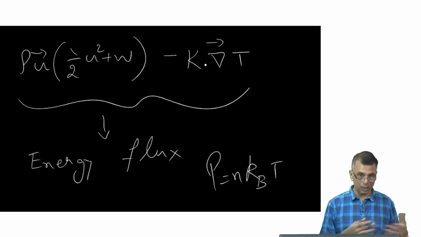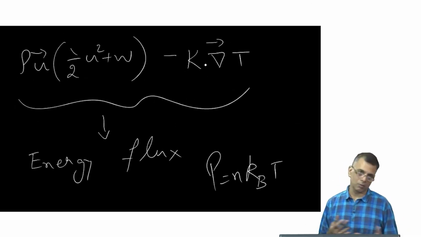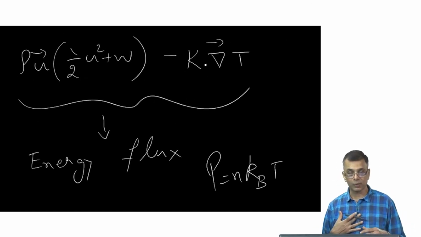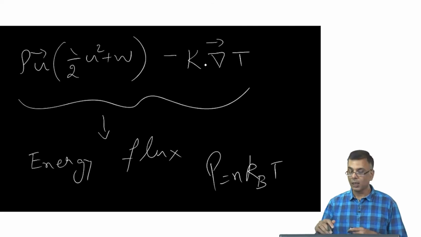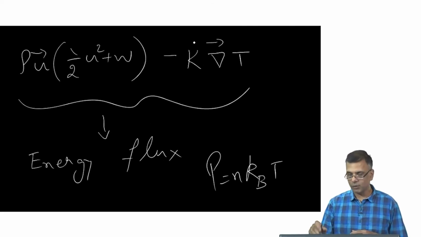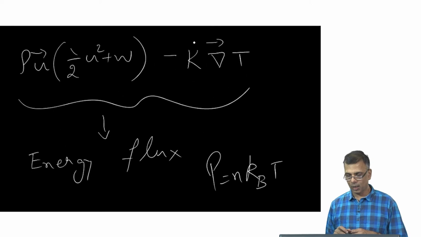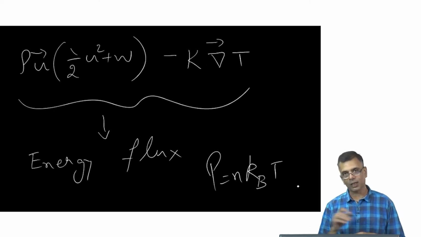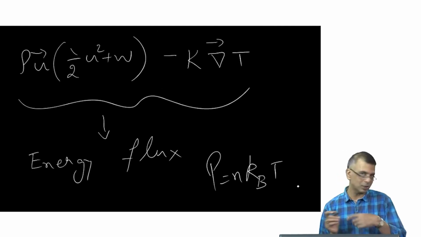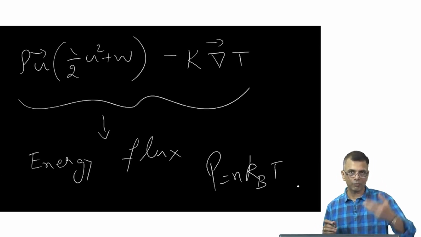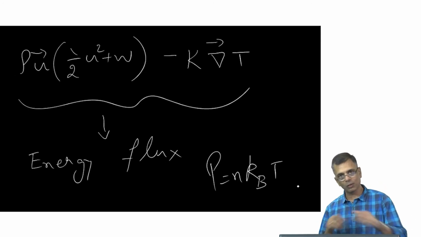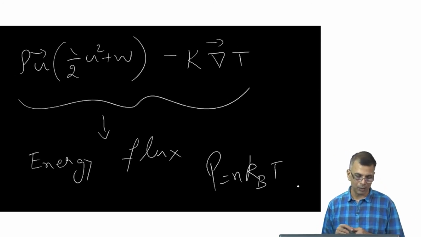So, energy can be transported due to temperature gradients as well. You may or may not want to have this, okay, and if you have this, then you need an equation of state, because that's yet one more variable. You only have 3 equations and there's one more variable, so you need to tie things together, right.